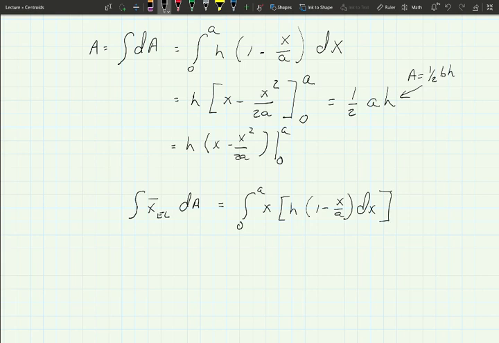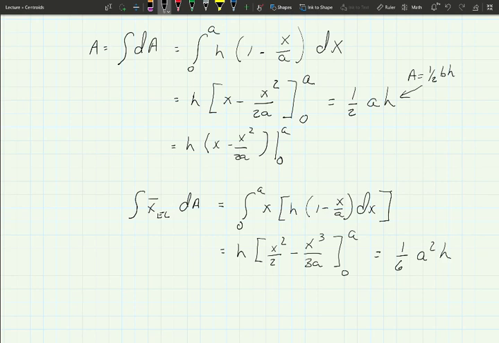And that will be h times x squared over 2 minus x cubed over 3a, and we're going to go 0 to a, and that leaves us 1/6 a squared h.